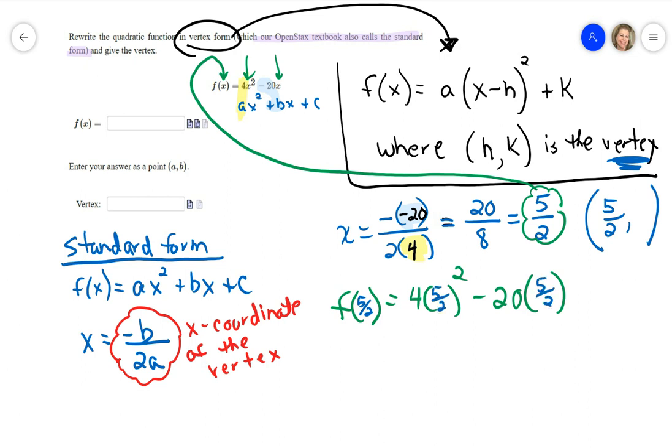And after I substitute it, now it's me in order of operations. 5/2 times 5/2 would be 25 over 4. So exponents come first.